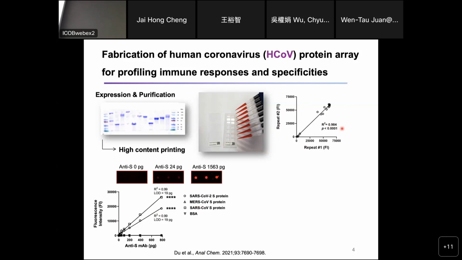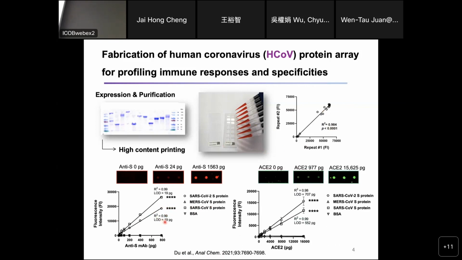Later on, we wanted to test whether the sensitivity of this protein microarray is good enough. So we used serial dilution of the antibody and found the LOD is 19 picogram. It's about 1,000 times more sensitive than traditional ELISA or rapid tests.